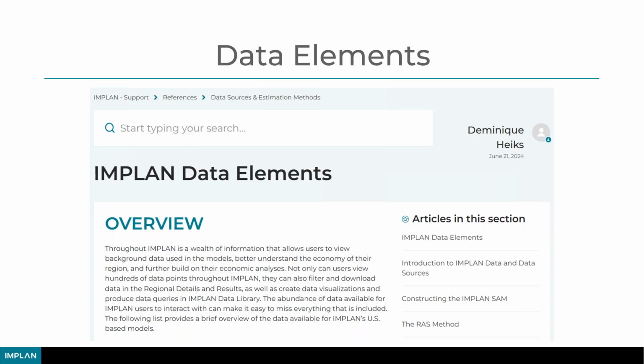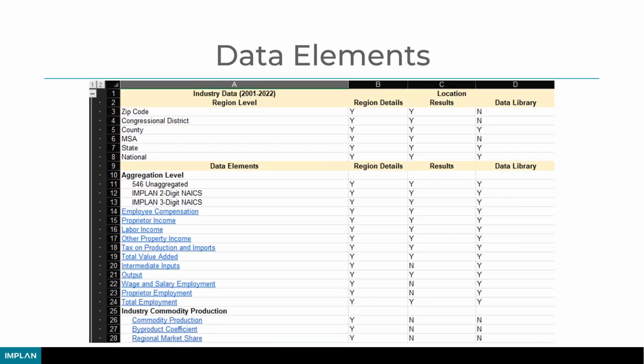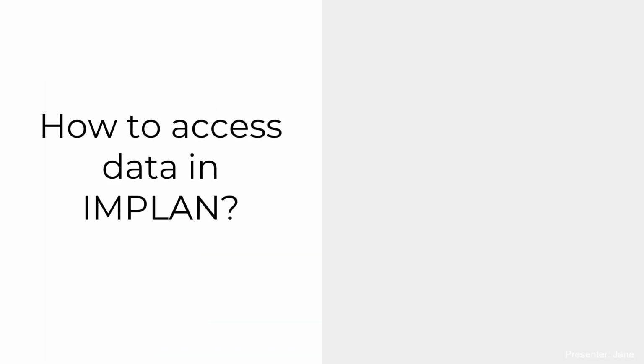This goes through a number of ways to access our data elements, and has a downloadable spreadsheet that walks through exactly how to look at and find different elements of IMPLAN's data and where you can find it, whether that be in the region details section of IMPLAN Cloud, in the results section of IMPLAN Cloud, or in data library.